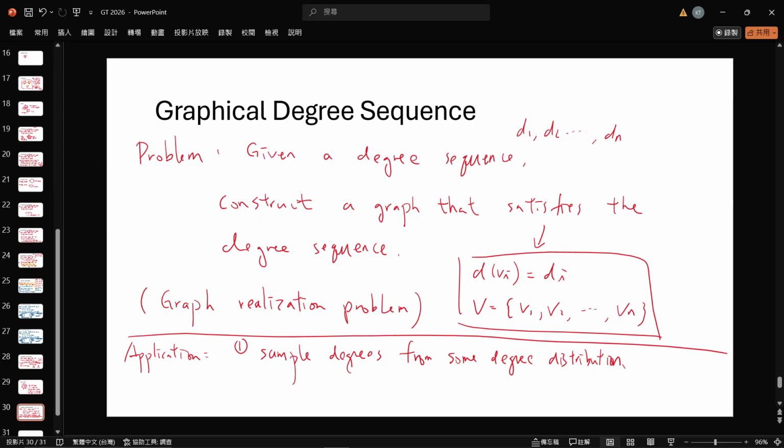But anyway, what you're going to do with the distribution is sample some degrees from it. So if you want to have a graph that has say 1,000 vertices, all you have to do is to sample 1,000 degrees from the degree distribution. That's step one. And step two, you create a graph that satisfies the degree sequence. And then you have a network topology.